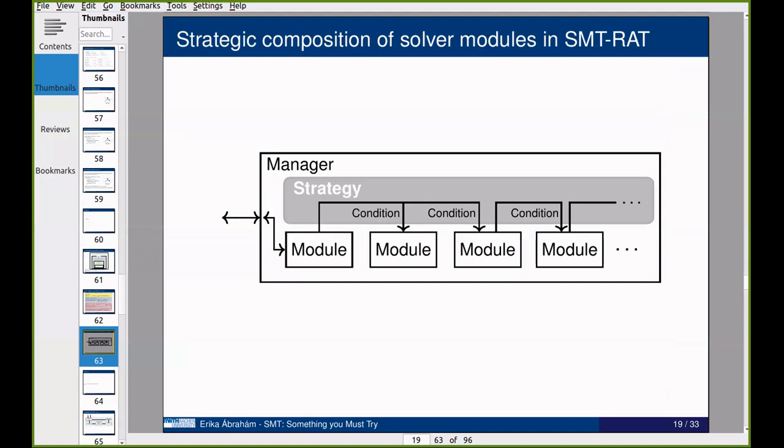For example, you can invoke an incomplete decision procedure, and if it cannot solve, it can pass on sub-problems to a complete one, and so on. You can implement parallelism this way, so several backends can be called in parallel, and you can put conditions under which backend to call. For example, for linear problems, you want to invoke another backend than for nonlinear ones.